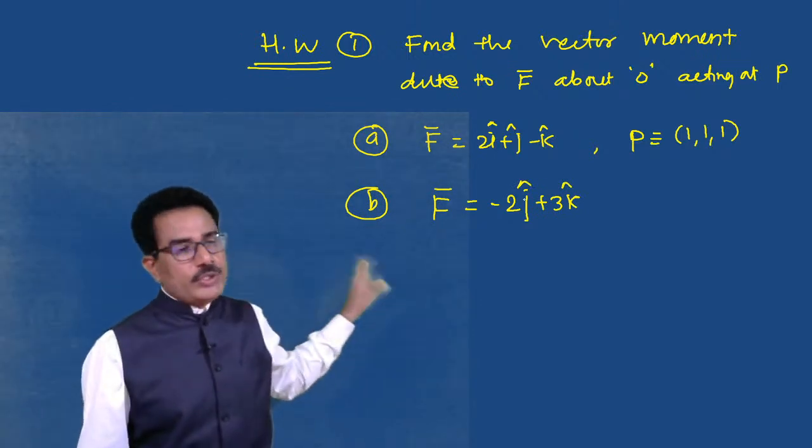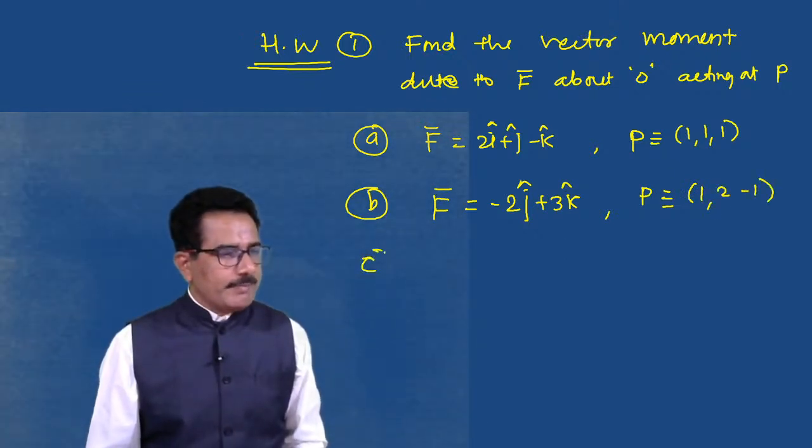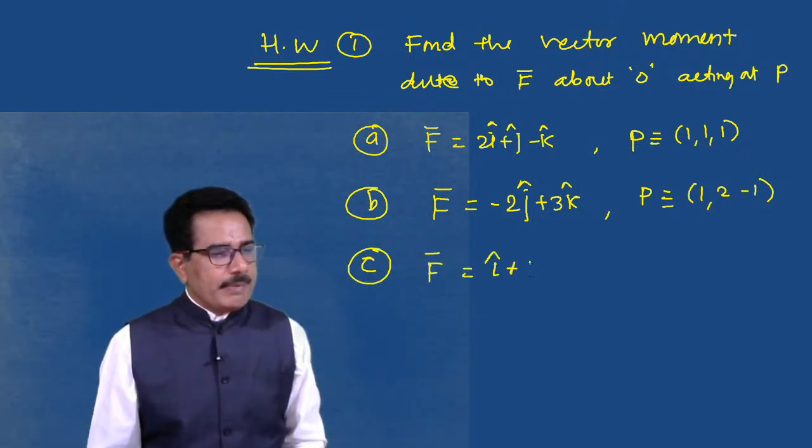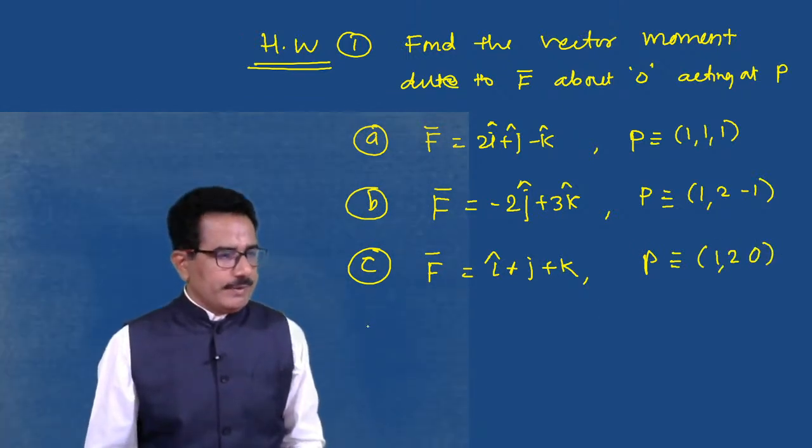That means there is no zero in this. The point P is 1 2 minus 1. Third problem, F bar is equal to i plus j plus k and the point of application P is given as 1, 2, 0.